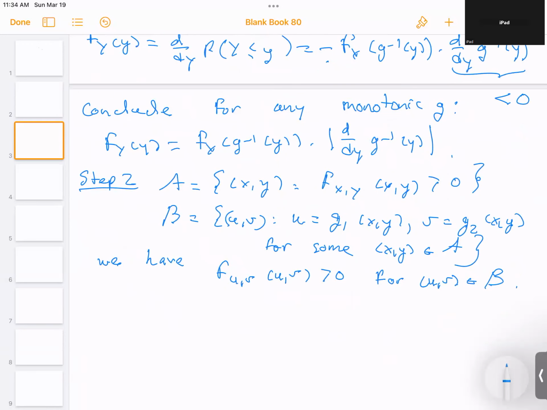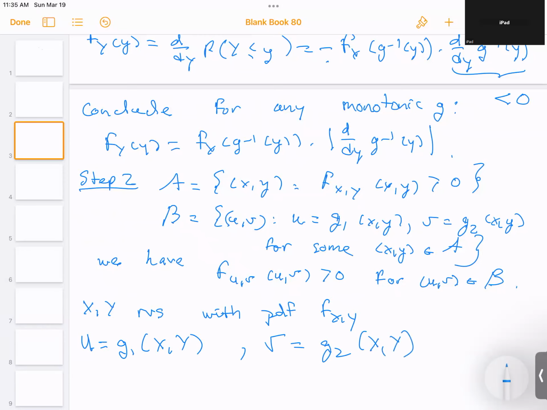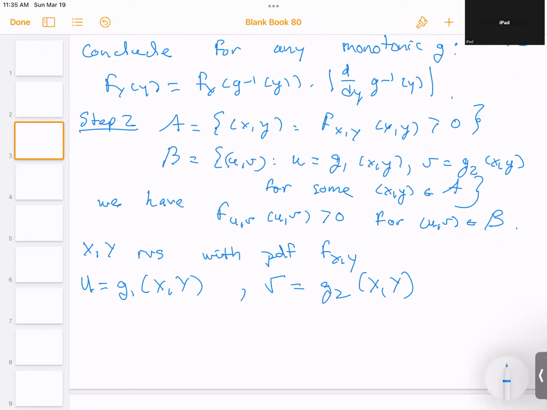I am taking X and Y, random variables with joint PDF, and I'm making a new pair, U equal to g1(X, Y) and V equal to g2(X, Y), and I am finding the density of (U, V), and letting f_{U,V} denote the joint density.